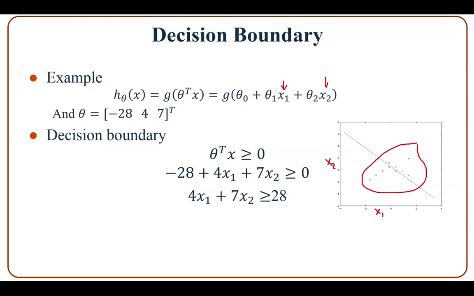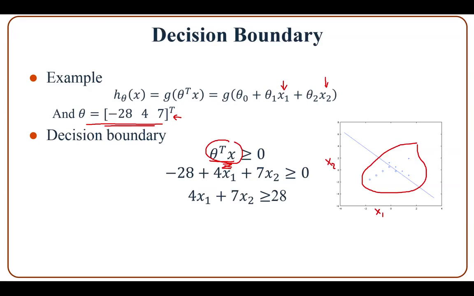Assume that from the data we get the vector theta, the parameter that makes the cost function minimal. So the decision boundary is where z is greater than or equal to 0, and z is actually equal to theta transpose times x.